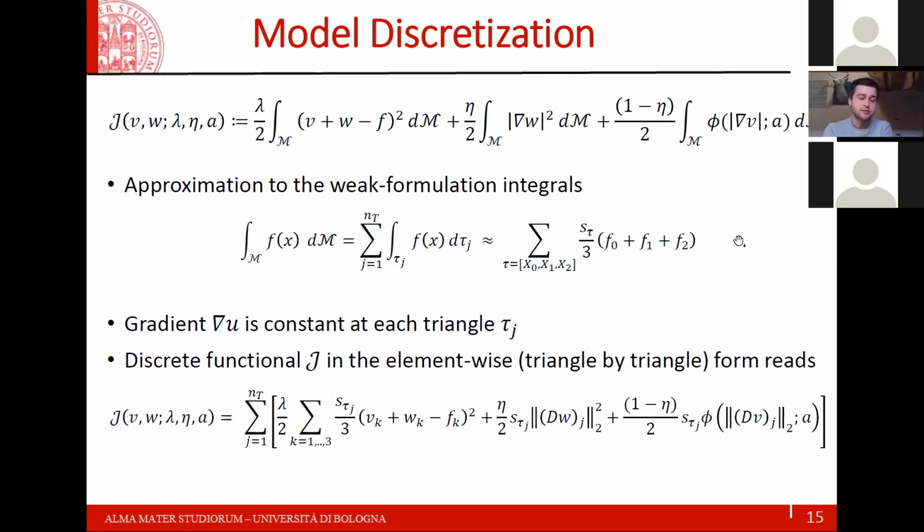Moving to the model discretization, we have used simple quadrature formulas in order to arrive at the discretization. And we have used the fact that the gradient is constant over the triangles. Therefore, in the discrete form, we can write our functional as a sum over the mesh triangles.